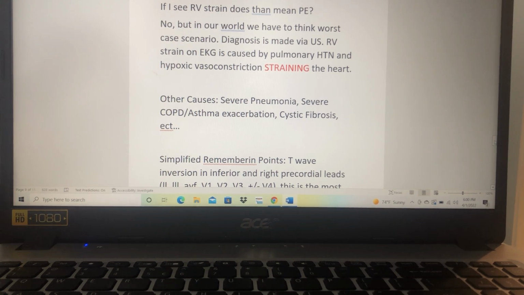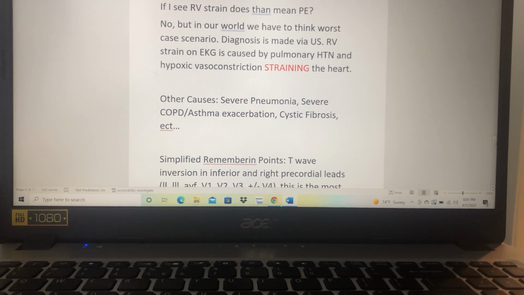But the diagnosis is made using ultrasound. They're going to put the ultrasound on the chest. They're going to see that, oh my goodness, that right ventricle is about to explode. Yes, this is a PE. Or they're going to be able to do chest x-rays and figure out other causes like severe pneumonia, pulmonary hypertension, cystic fibrosis, severe cases of asthma and COPD.